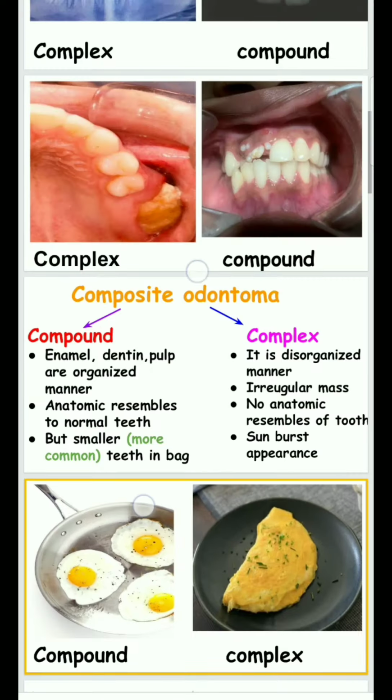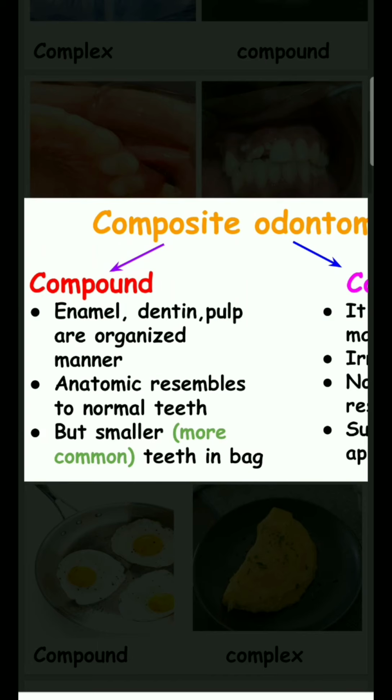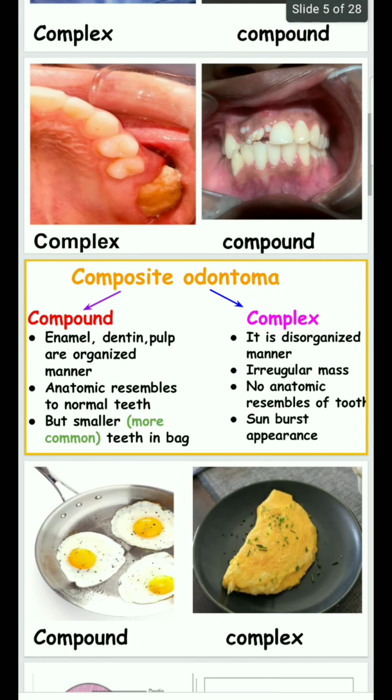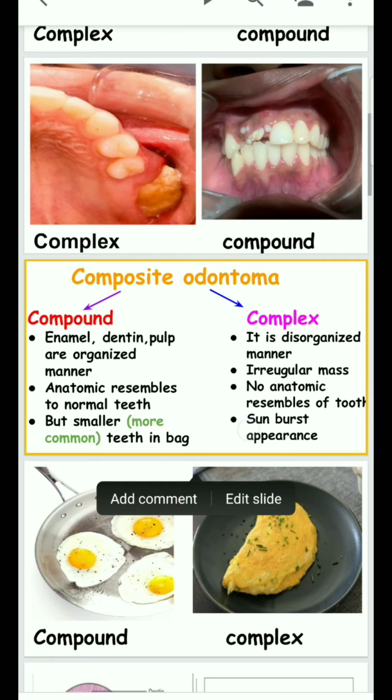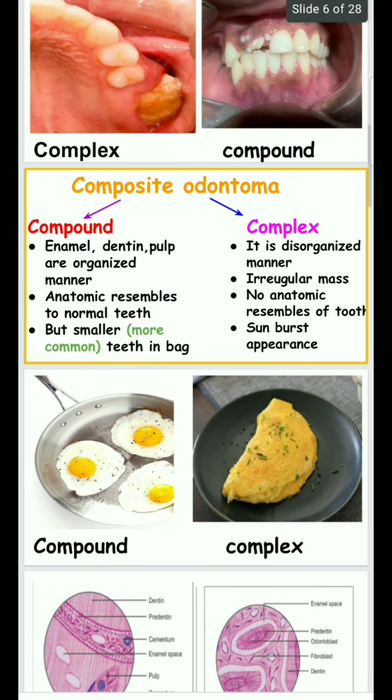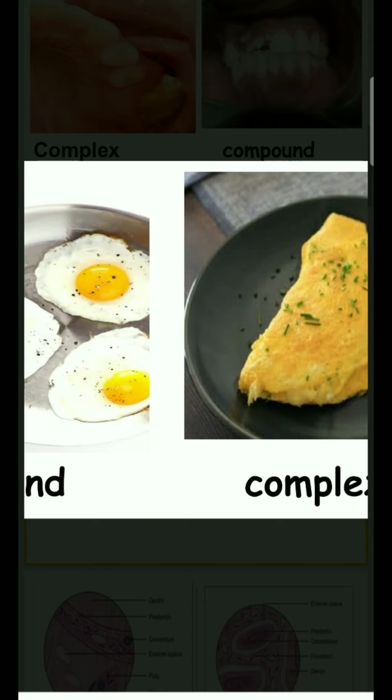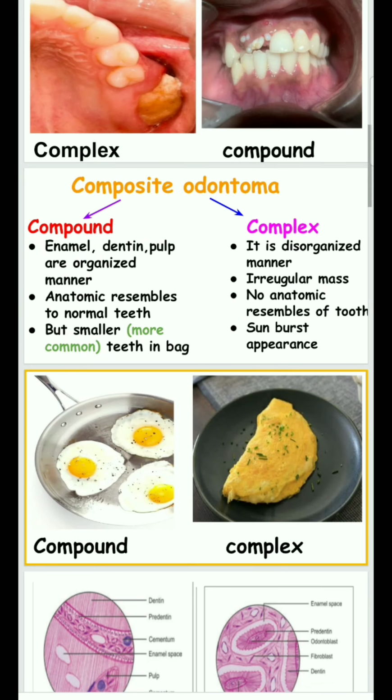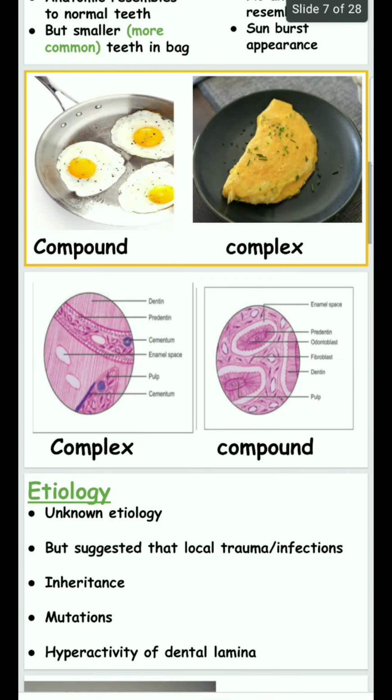Going to the concept, in the compound type the enamel, dentin, and pulp are organized like the half-boiled egg and anatomically resemble normal teeth, like teeth in a bag. In the complex type, it is disorganized like an omelette, a disorganized and irregular mass with no anatomic resemblance to a tooth, and it has a sunburst appearance.